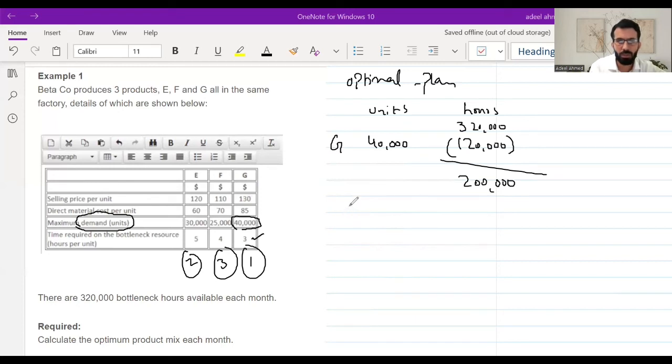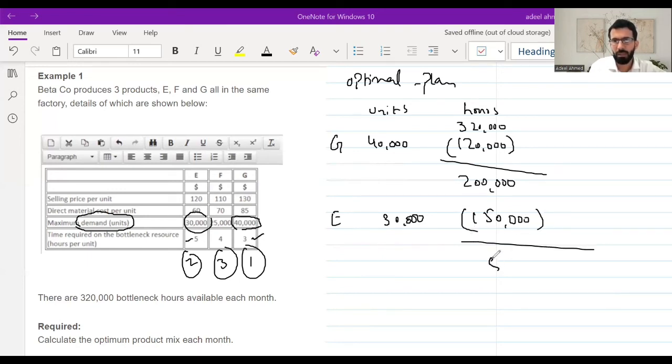And then moving on to our product E, which has a maximum demand of 30,000. Each unit effectively consuming 5 hours. So it means that for this one, we would require 150,000 of the total hours, leaving us with only 50,000 hours for our third rank product, which is product F, which has an expected demand level of, if I'm not wrong, 25,000.